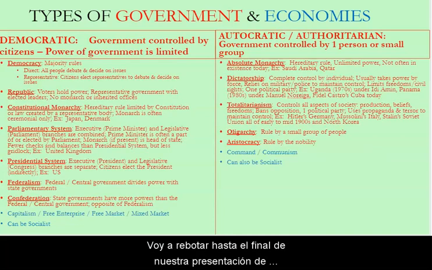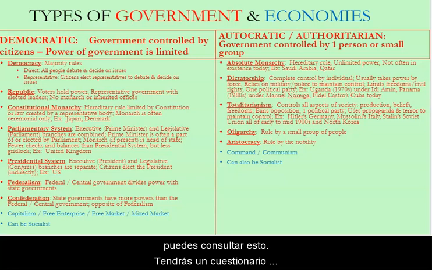So I'm going to bounce to the end of our slide presentation, and I want to point out that what I've done here is try to put all of the types of government that we've talked about on one slide for your quick reference, because you're going to have to play a Kahoot and then practice your knowledge with a Quizlet. So if you get stuck, you can refer to this.